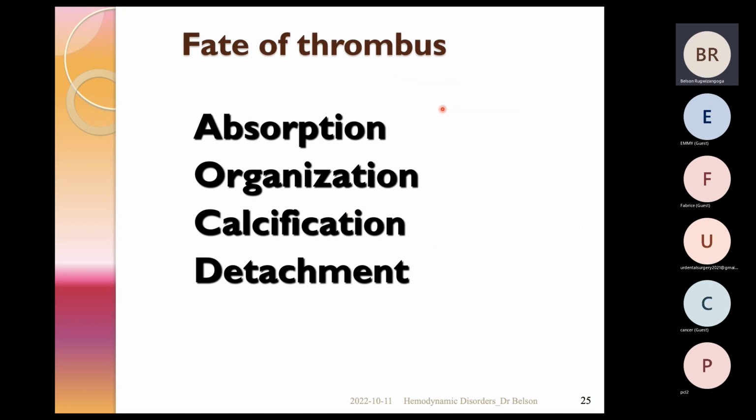So what are the possible outcomes of the thrombus? A thrombus can be absorbed. It means it gradually dissolves completely and the body absorbs it. This can happen spontaneously, or it can be induced by treatment. That's why when a patient is known to have this problem, they are immediately given thrombolytic drugs.